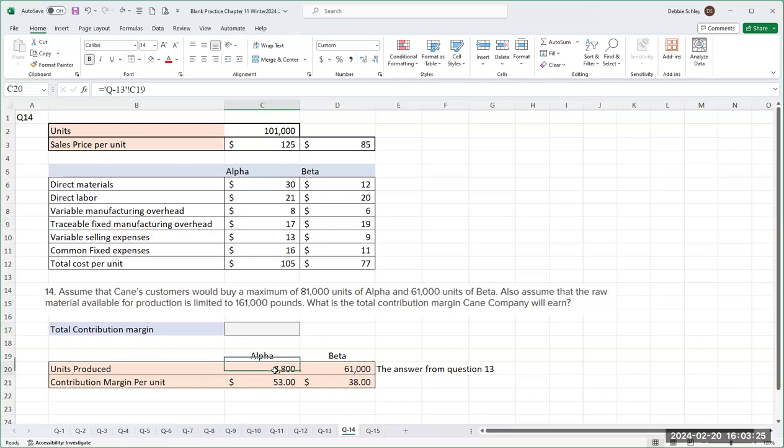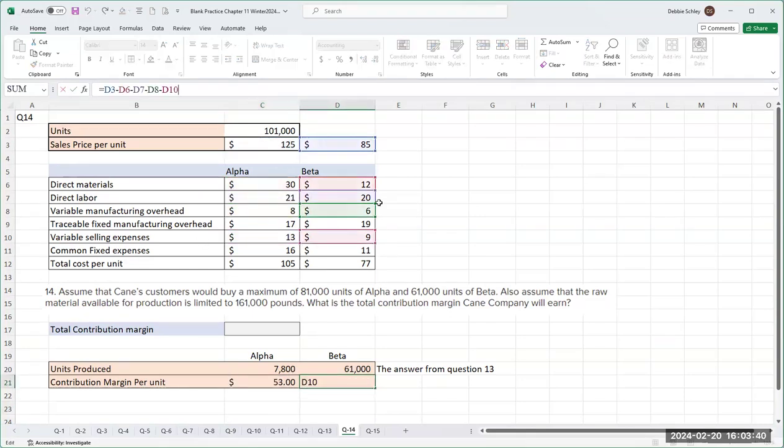So here's my answers from question 13, 77,800 alpha, 61,000 beta. And here's my contribution margin, right? Selling price minus the variable expenses for alpha, and selling price minus the variable expenses for beta.